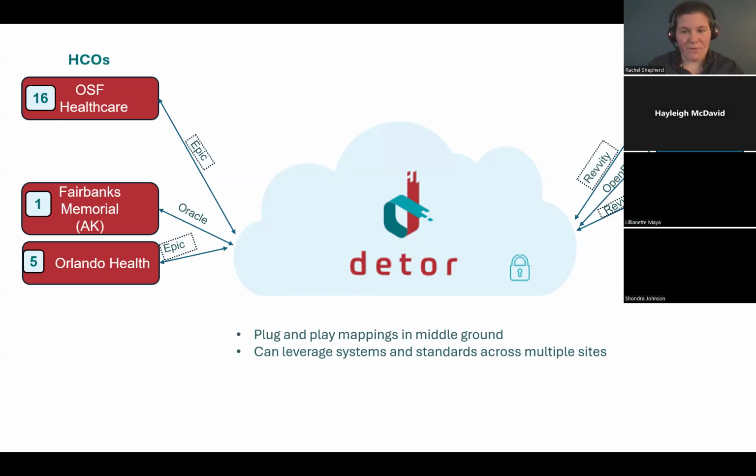But then centrally, we're also working very closely with EHR vendors like Epic and Oracle, and from a centralized standpoint, to start building with them more standardized template solutions so that any Epic client, say, could theoretically add on the Detor connection. So as we connect hospitals with the same EHR to laboratories with overlapping LIMS, there's inherently some reusability baked in, and we're able to plug and play to a degree.